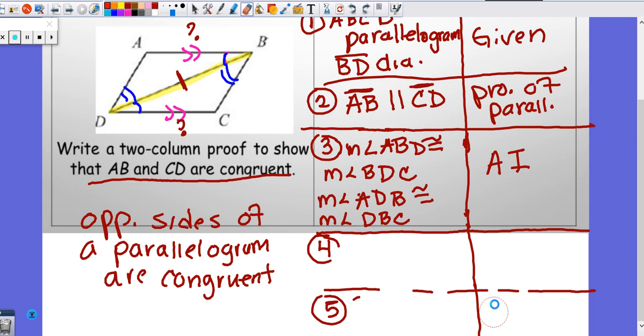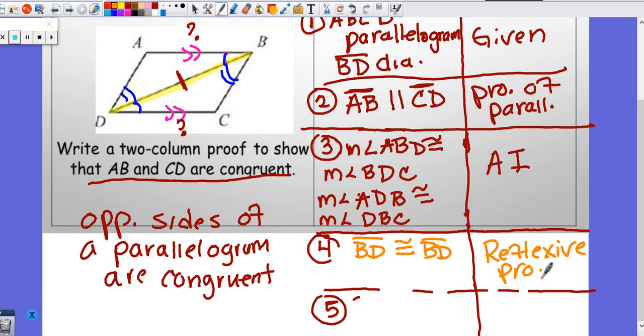And it happens. So for number 4, we need to say that BD is congruent to BD, and that's from the reflexive property. So erase and fix your paper, please, or if you already had it on your paper, I'm sorry.